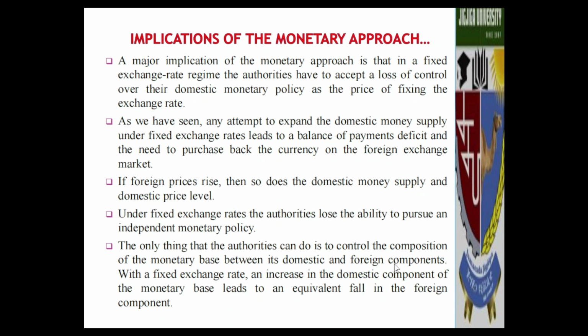With a fixed exchange rate, an increase in the domestic component of the monetary base leads to an equivalent fall in the foreign component. By this, they can control their balance of payments deficit and surplus.